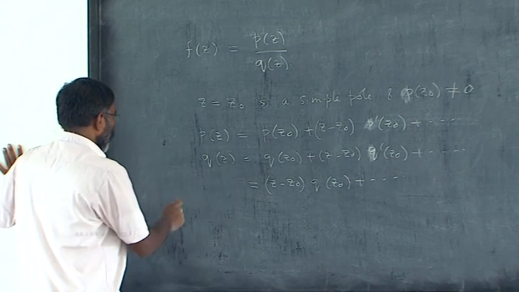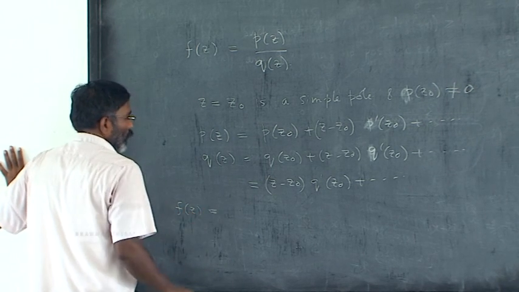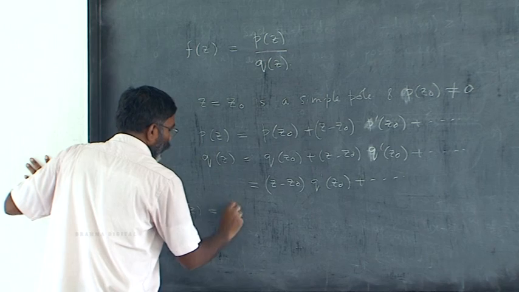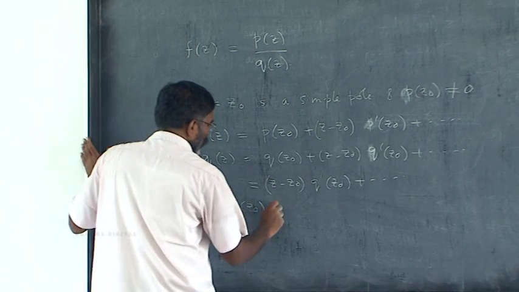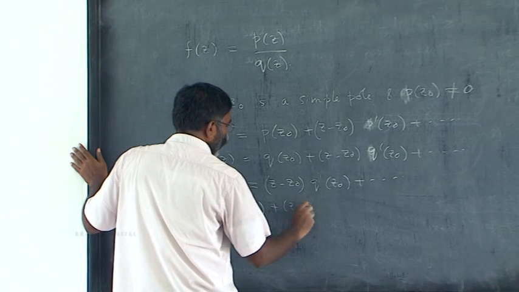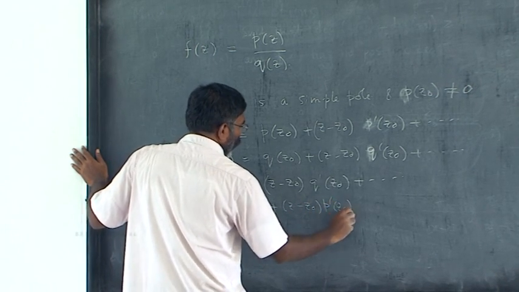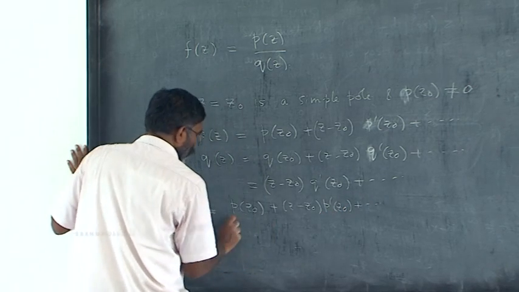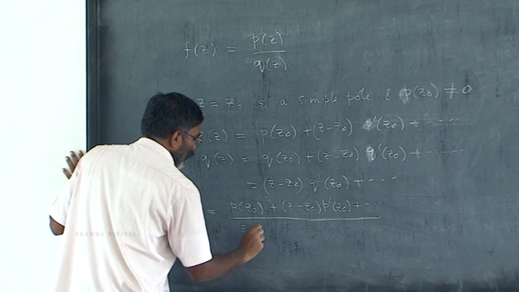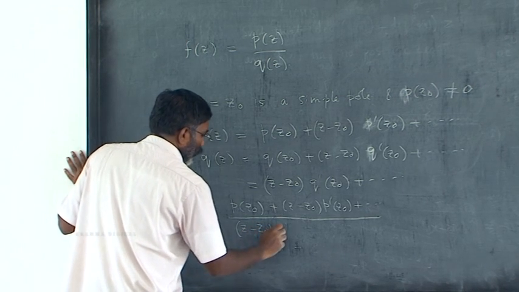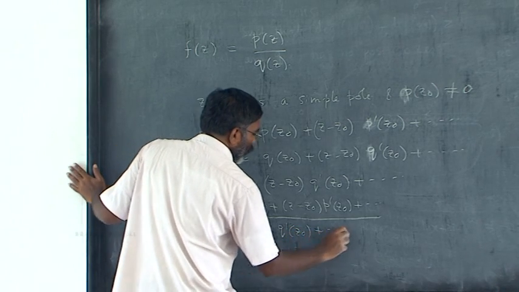So what we'll have, if I write f of z, I can write this as p of z naught plus z minus z naught into p prime of z naught plus so on, divided by z minus z naught into q prime of z naught plus so on.